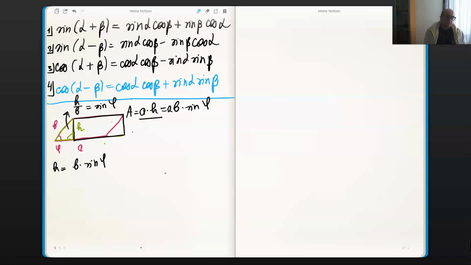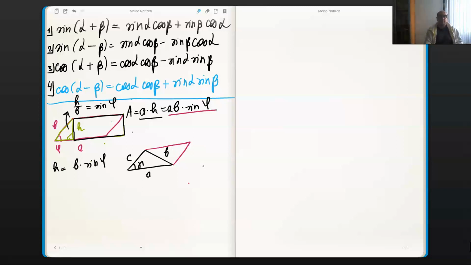All right, but now let's also see that if we have an arbitrary triangle with a, b, and c, and some angle gamma in between, we can add exactly the same triangle in here, like this. And this triangle, added up to the first one, is giving us a perfect parallelogram. Well, the area of the parallelogram we can compute, right?